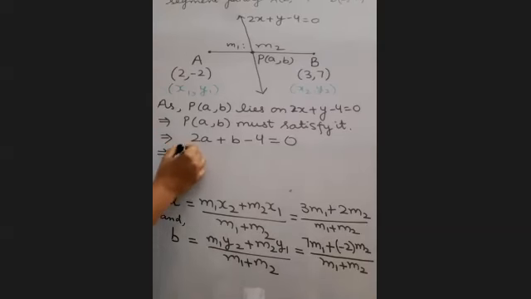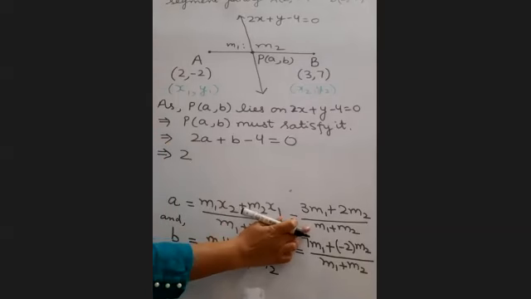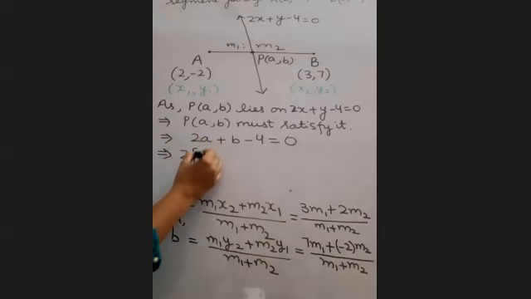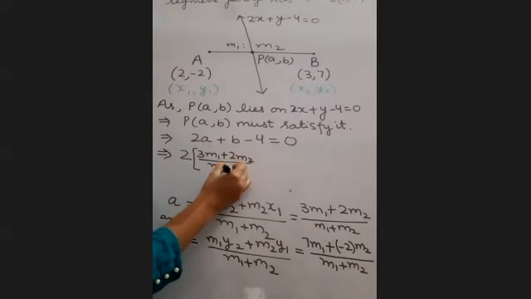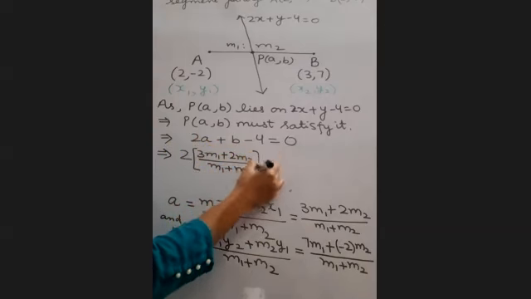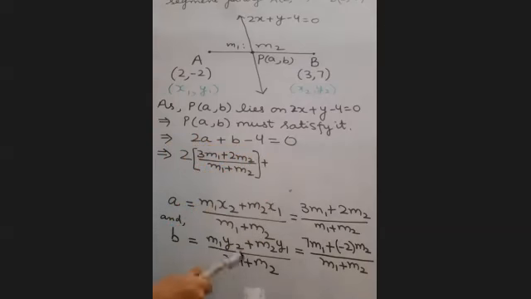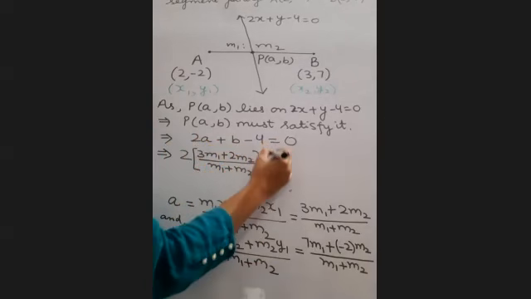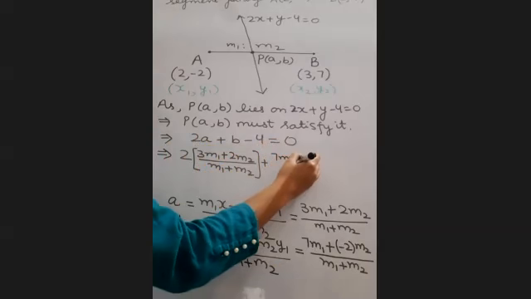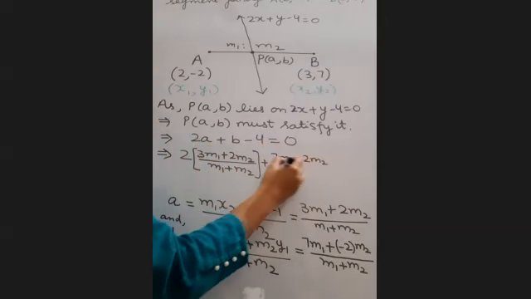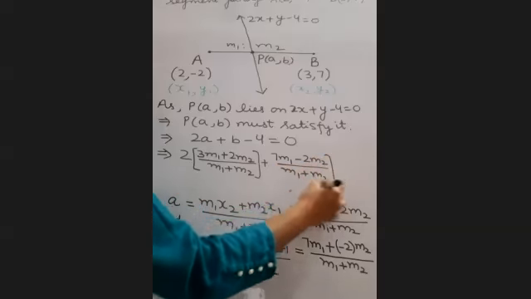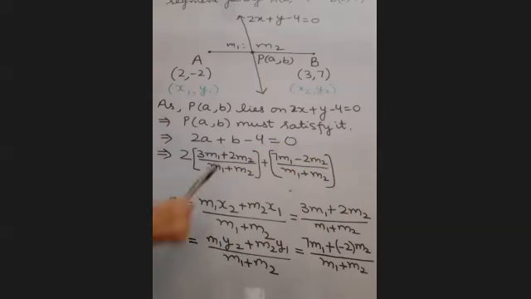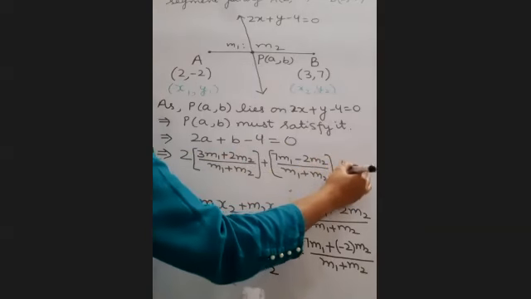Now let us put the value of a from here, which is (3m1 + 2m2) divided by (m1 + m2), and b is (7m1 - 2m2) divided by (m1 + m2), and this minus 4 equals 0.